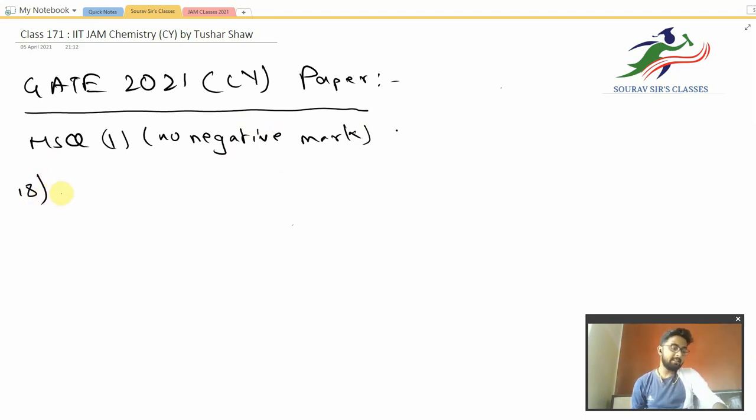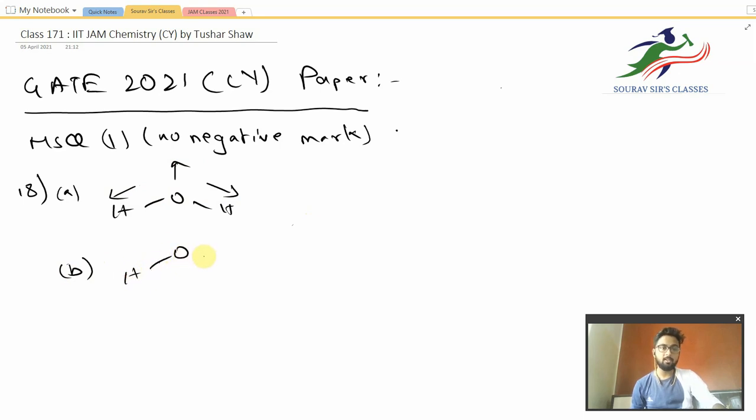Question number 18 says that the normal modes of vibration of H2O is or are. So normal modes of vibration is being asked. Let me draw the options for you. Option A has H O H, we have this kind of arrows and this. I'll be giving the description at the end, so let me draw the structures first.